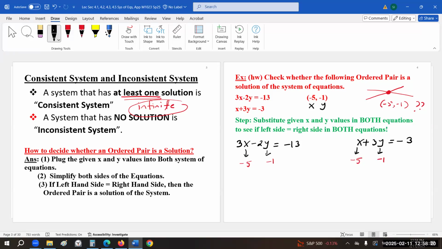So in the first equation, we get 3 times negative 5 minus 2 times negative 1, and we want to see if they give us negative 13. On the next one, we have negative 5 plus 3 times negative 1, and we want to see whether this is the same as negative 3.